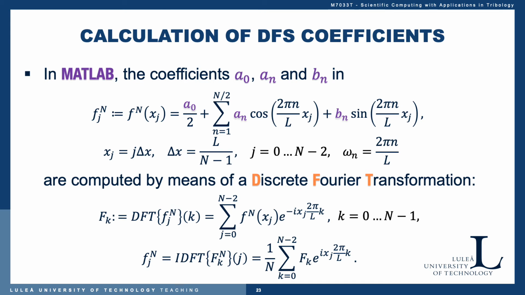The 1 over n may be 1 over square root of n here and 1 over square root of n in the Fourier transformation, for example. But by means of this sum, we can get back the function f_j, the values of the function f in x_j, which we just transformed into f_k with n discrete nodes.